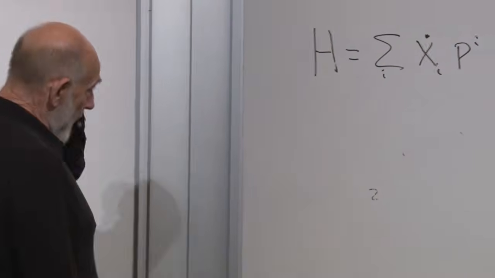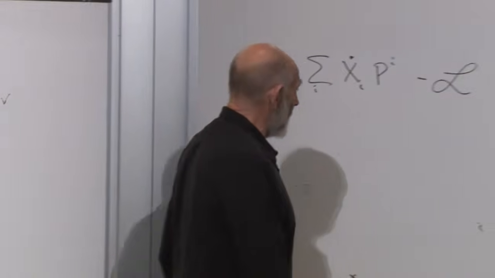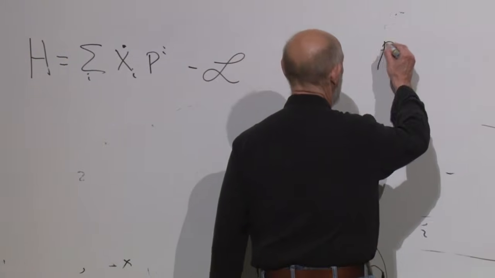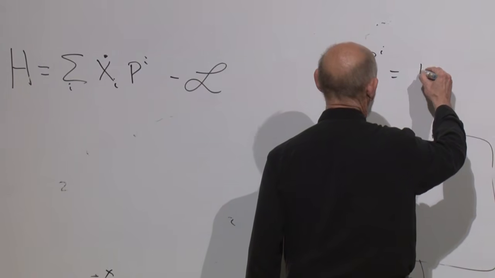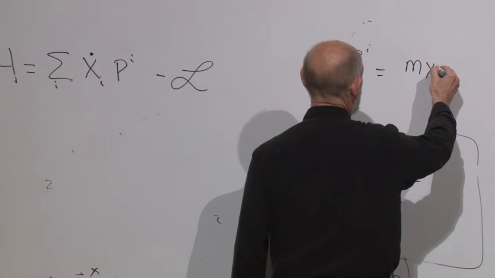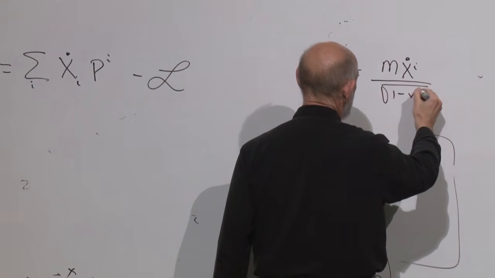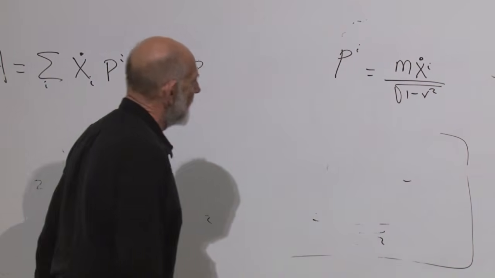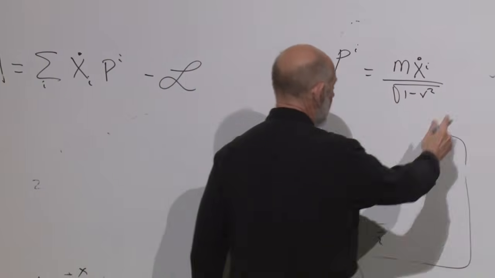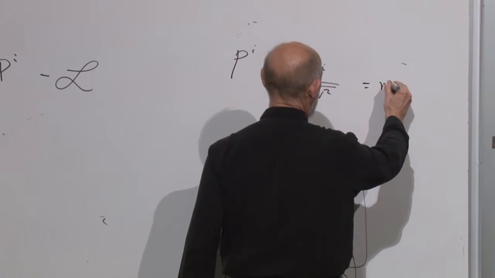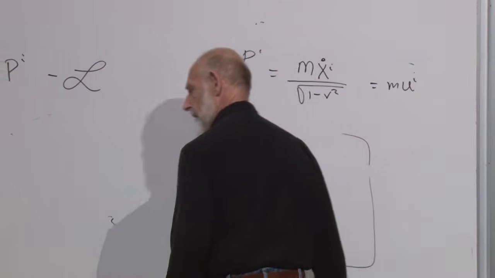Okay, so now we can write it down. We now know what it is. Let me write the Lagrangian over here, and the p's. What is p sub I? P sub I is equal to m x sub I dot divided by square root of 1 minus v squared. That is the same as m u sub I, but I'm not going to use it that way.